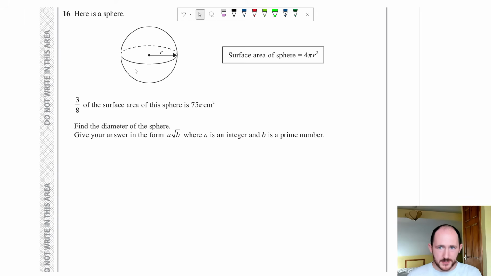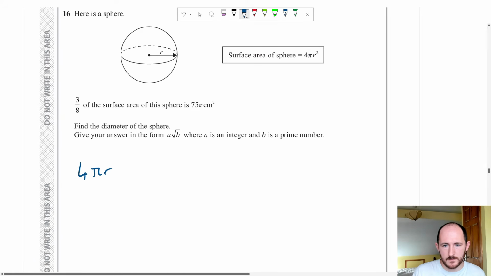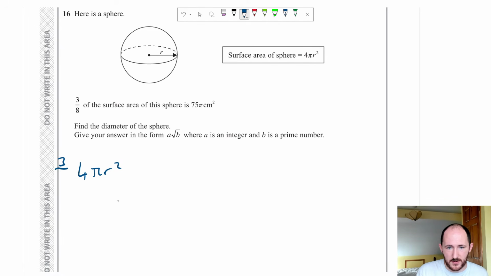Now, how do you approach this? Again, for me, these questions are not mathematically challenging, it's just the problem-solving element. So there's a lot of words here, right? But they say 3/8 of the surface area of the sphere is 75 pi. So if I write surface area of the sphere, that's 4 pi r squared. They're saying 3/8 of 4 pi r squared, so if I add 3/8 to the front, 3/8 of this should equal 75 pi.